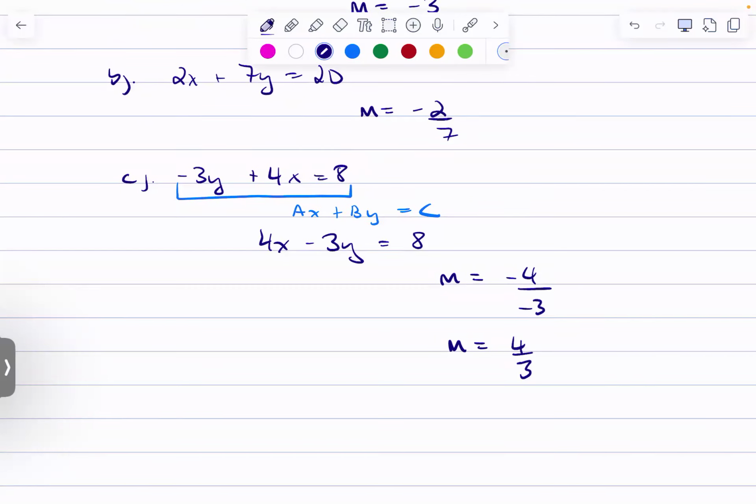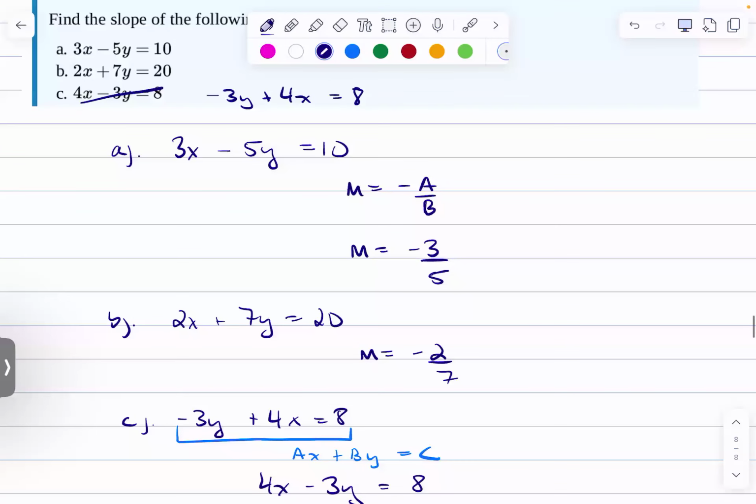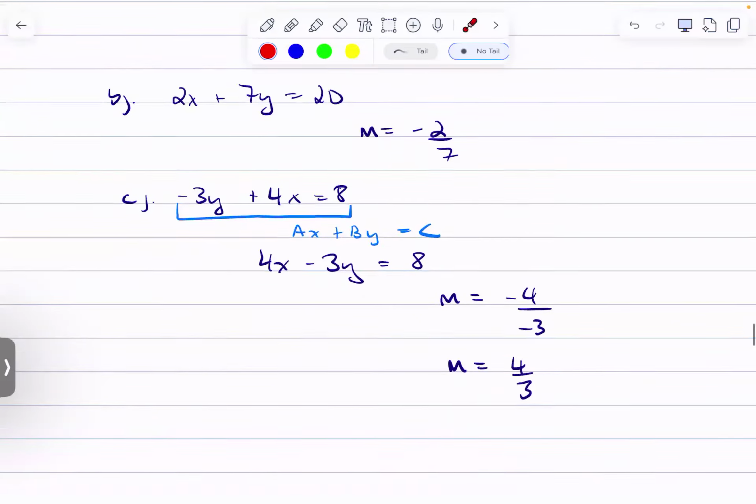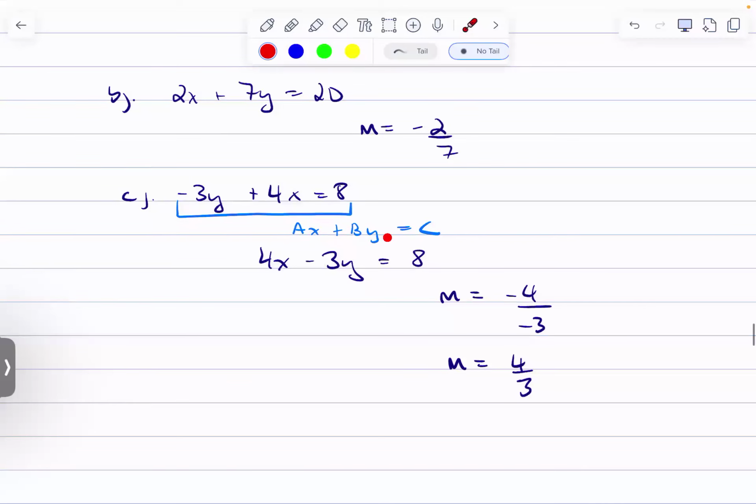I don't see where you got the negative in b. Did I do something weird? I changed the order, -3y plus 4x. When I rearrange it into standard form, I have positive 4x minus 3y.